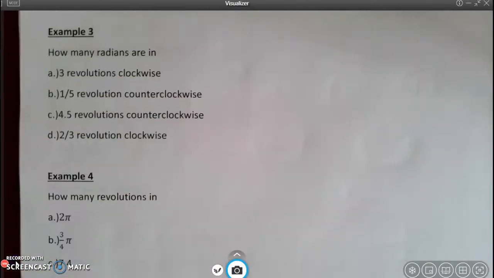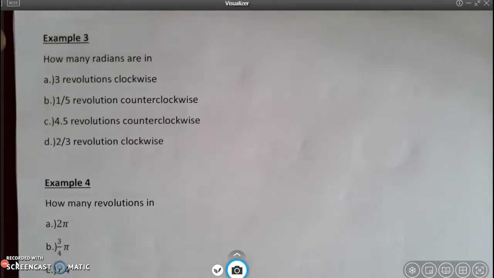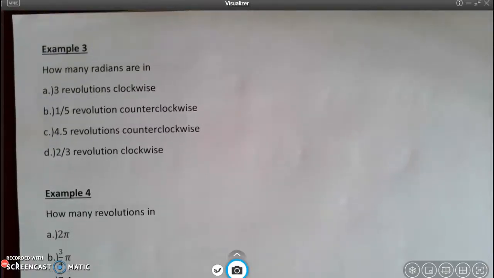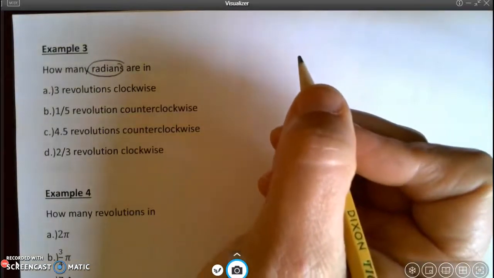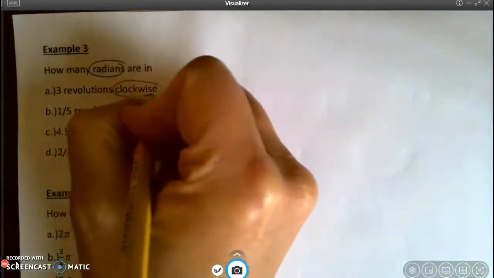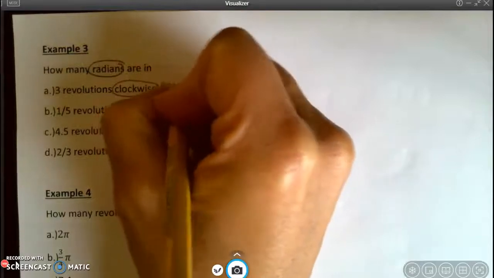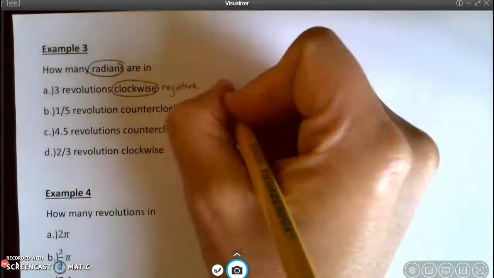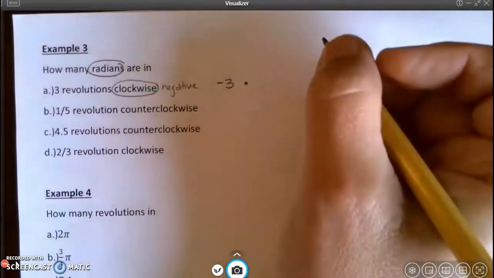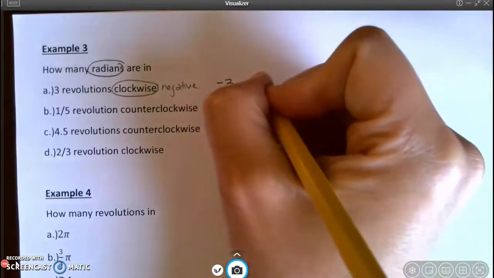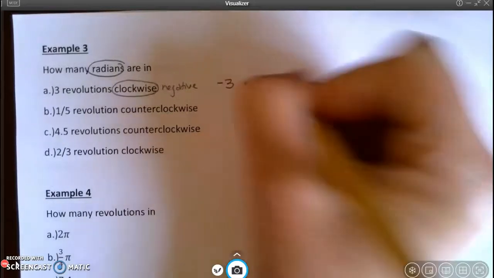For example 3, we're going to answer the same type of questions, except this time we're going to answer them in radians. So how many radians are in 3 revolutions clockwise? Again, clockwise is going to be negative. So I have negative 3, because it's negative, times, in radians, a full revolution is 2 pi.